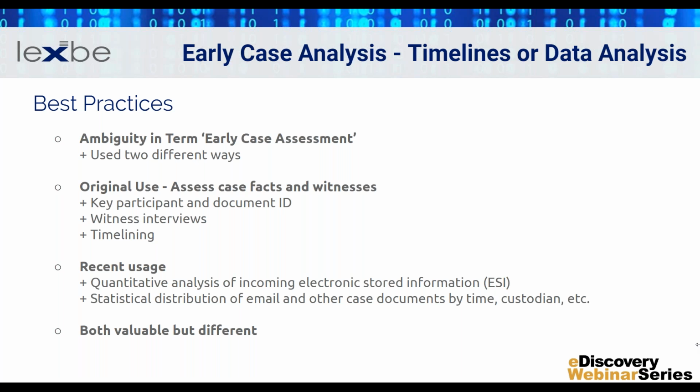I think that the original use of ECA was to assess our case facts, obviously, and the witnesses that we needed to identify, those key players and the key document identification. And of course, we're navigating through the banker's boxes back in the good old days, trying to do that case assessment and witness and key doc identification.